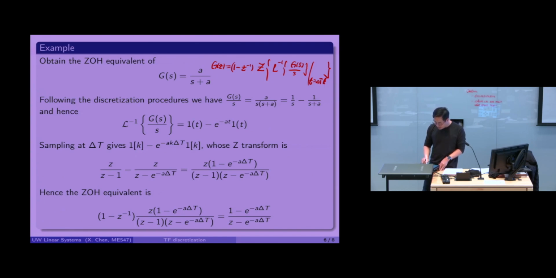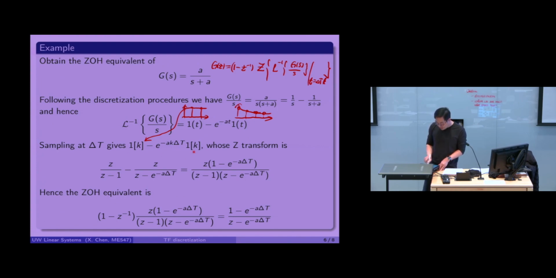If you have a step function, it is sampled into a step function. Nothing changes. If you have an exponential function, you sample it, it becomes a sampled decaying exponential function, e negative A k delta t, essentially replacing t with k delta t.